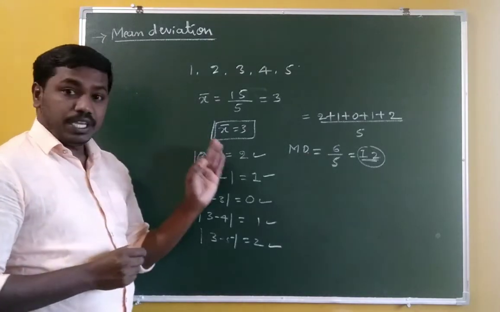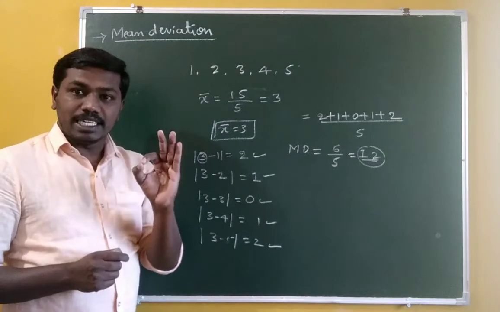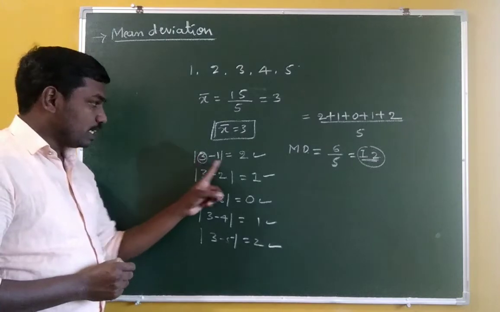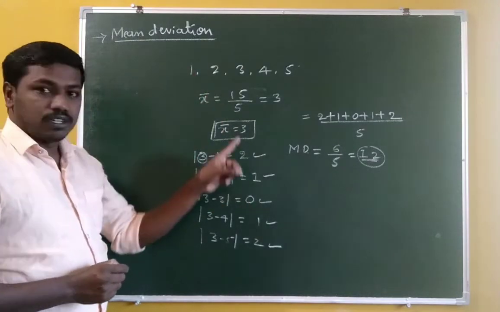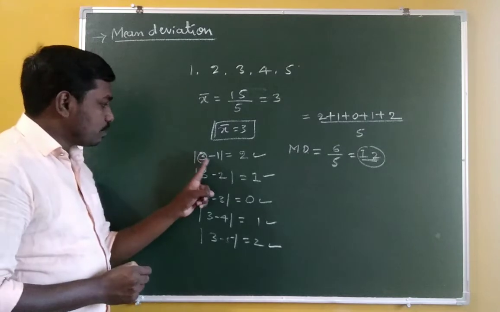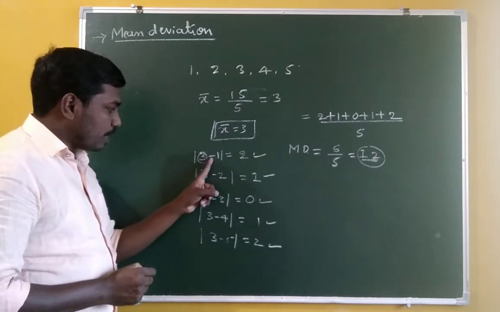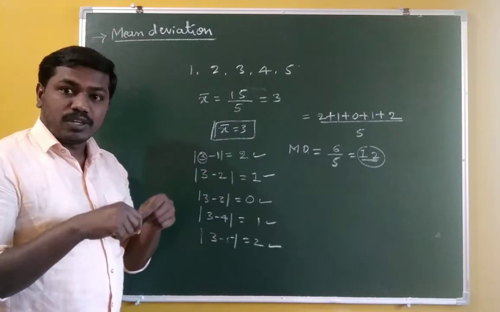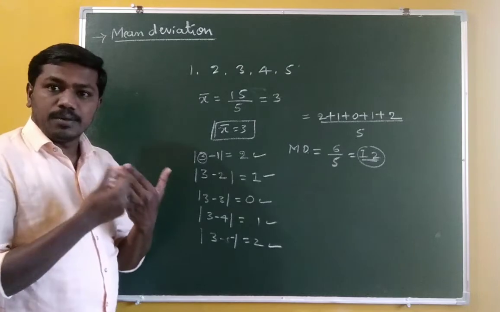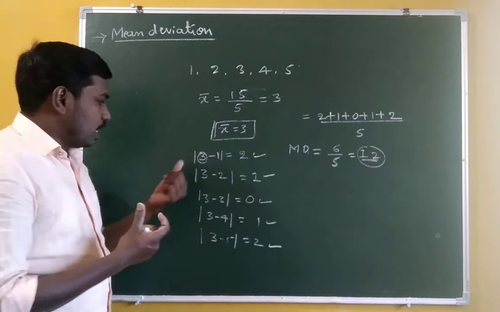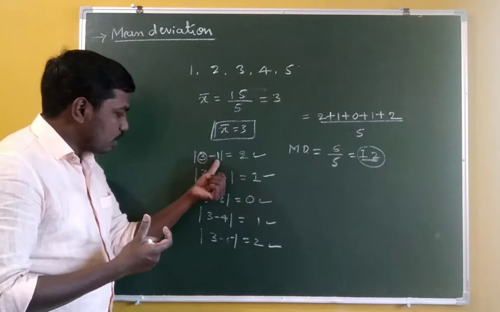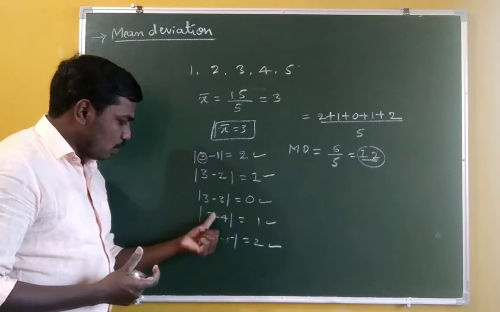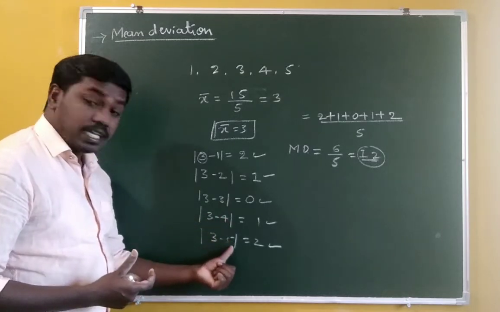Keeping the mean, we calculate the deviation from each of the observations, generally x bar minus x1 or x1 minus x bar, where x bar is the mean of the observations. x bar minus x1, x bar minus x2, x bar minus x3, x bar minus x4, x bar minus x5.